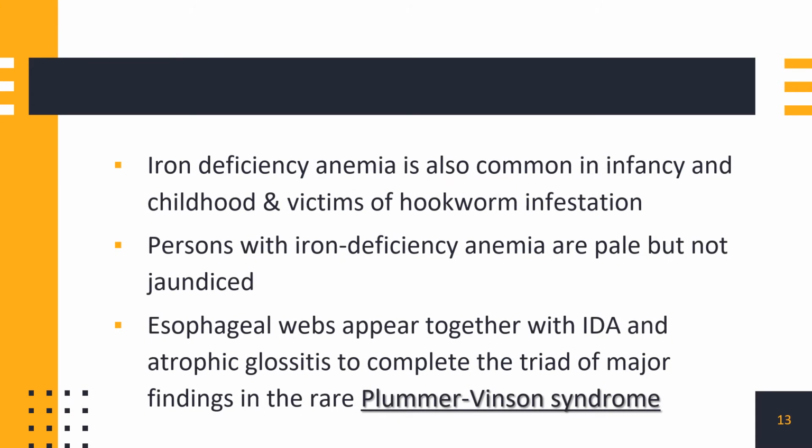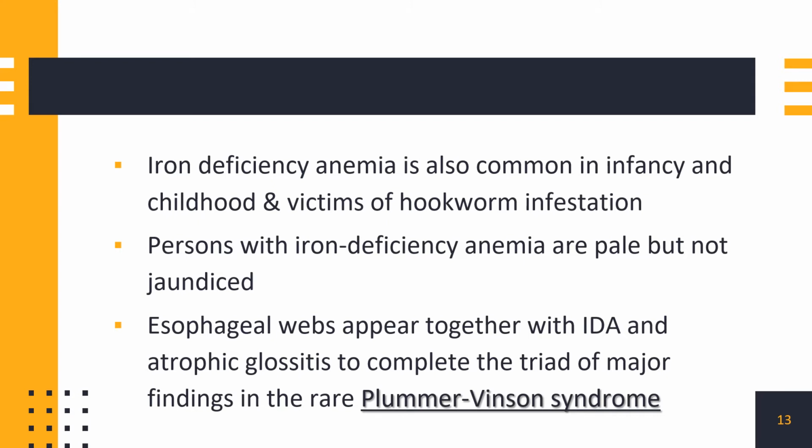Iron deficiency anemia is also frequent in infancy and childhood in victims of hookworm parasitism. It is common in childhood due to the very small amounts of iron in milk.